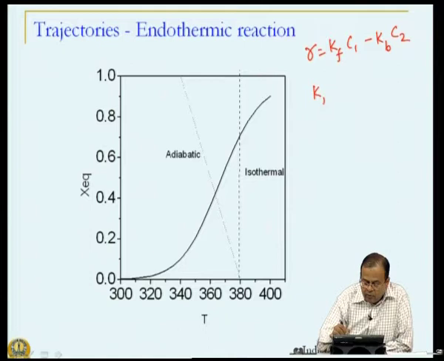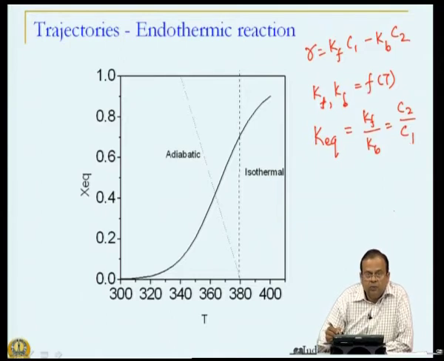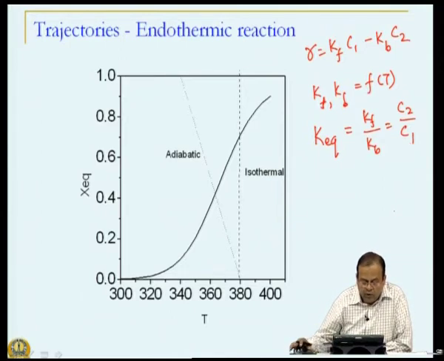Kf and K backward are functions of temperature, but we also know that we have K equilibrium defined from thermodynamics, which is Kf by Kb, which is nothing but C2 by C1. So, at equilibrium the rate of reaction is 0.